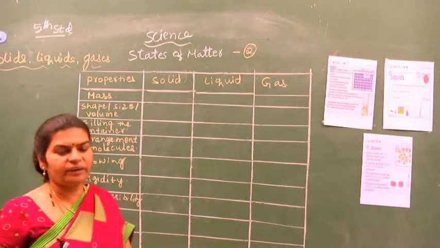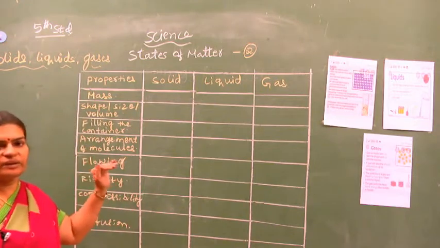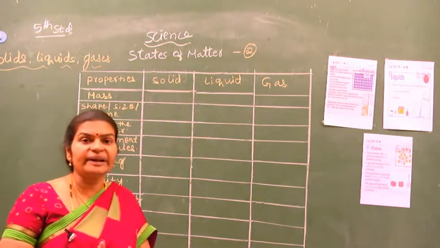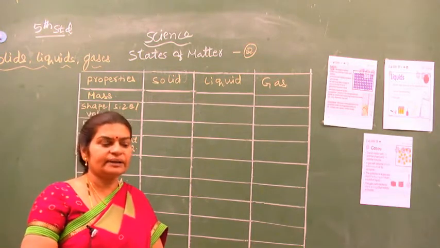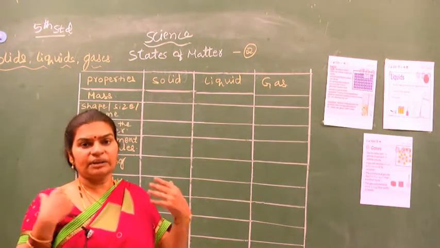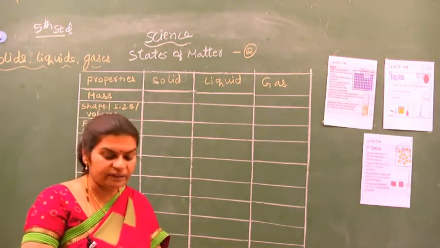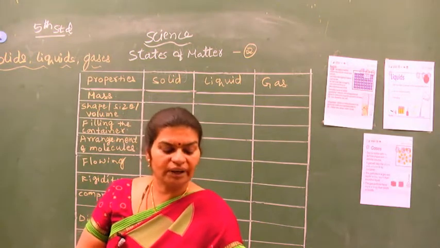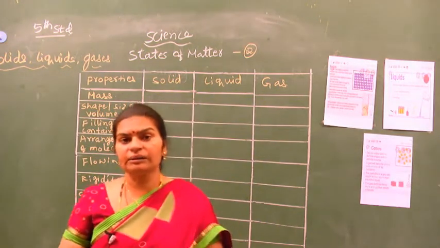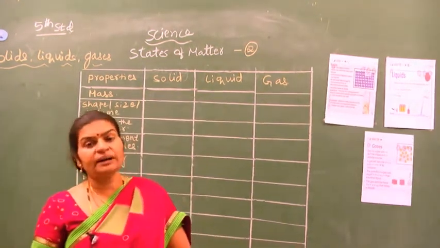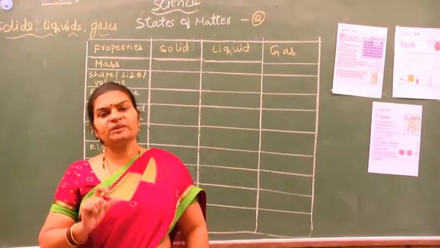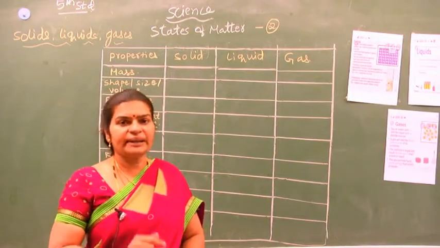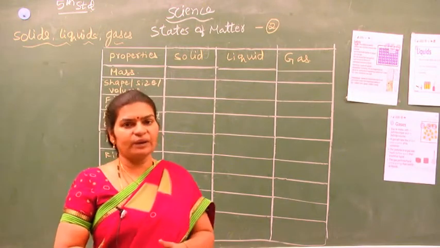Whether it is a solid, a liquid or a gas, all have definite mass. The weight of me or the weight of the table. What is the weight of the liquid? When you buy milk or oil, it will be measured as 1 liter, or as 1 kg. So mass we are going to measure.